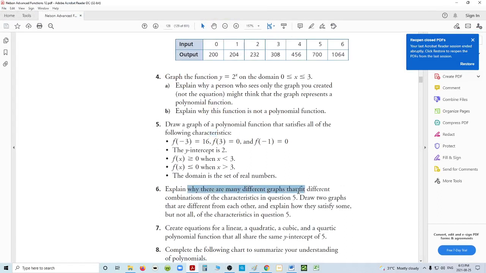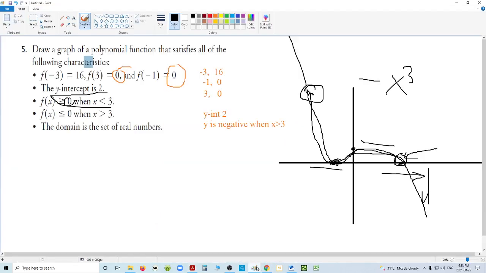Explain why there are many different graphs that fit the combined characteristics in question 5. Well, draw 2 graphs that are different from each other and explain how they satisfy the characteristics in number 5. Well, if they don't tell us all the values that cross the x-axis, that's one piece of information. We know it does indeed cross the x-axis, but you could have something like this that we don't know. So you could have this.